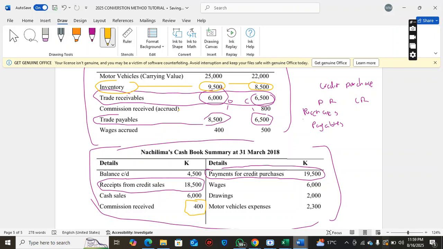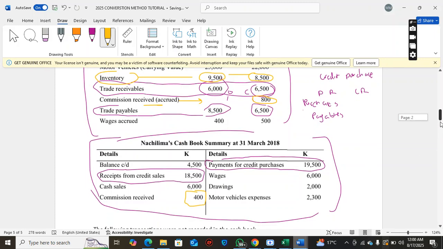Commission received accrued. Yes, this commission received accrued is the commission being owed to you. You've done whatever you need to do, but you haven't been paid. So it's been building up and it's reached 800.